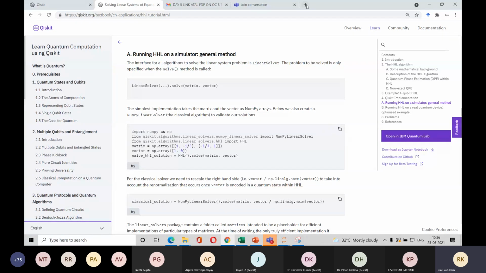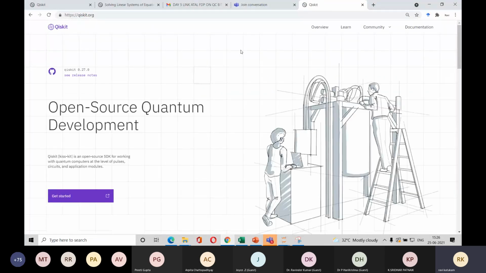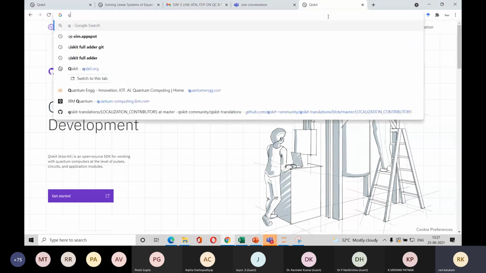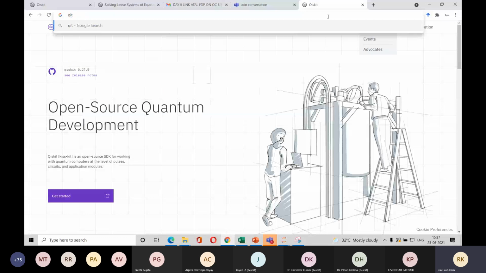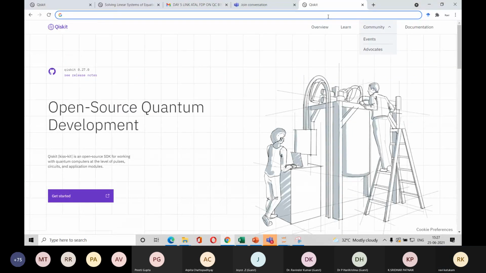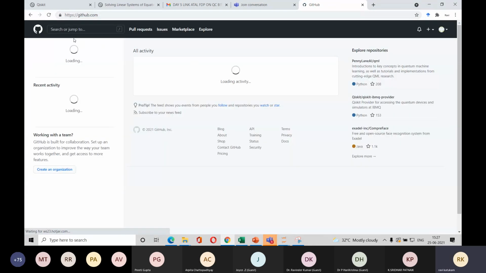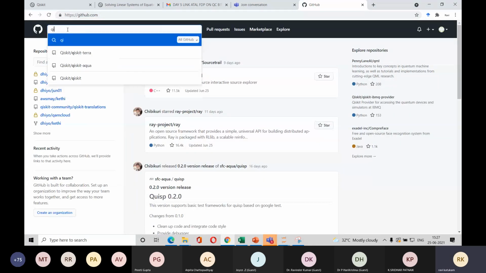And by the way, if you are interested, just go to Qiskit and go to their GitHub. Let me show you that GitHub. There you will see all the source code for the HHL algorithm, and examples are also given.